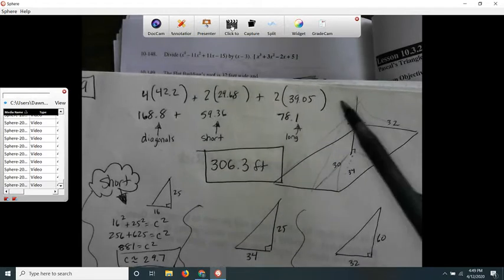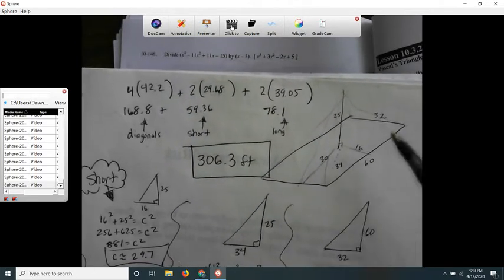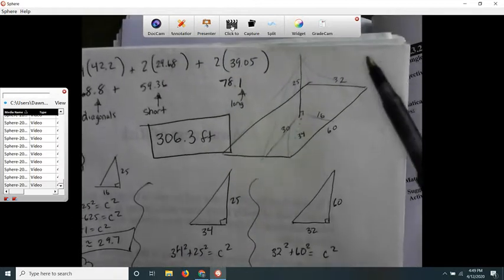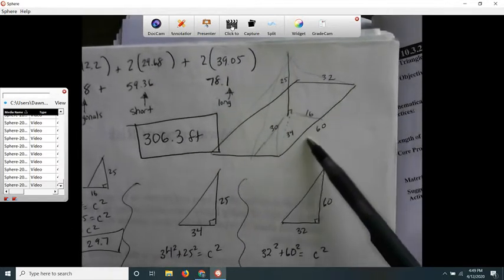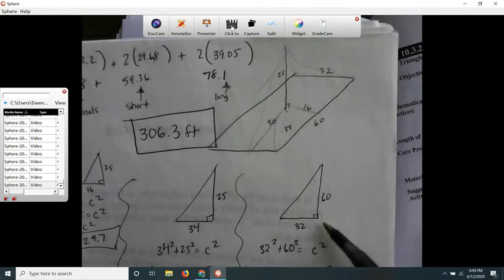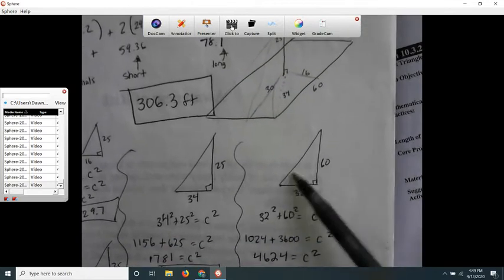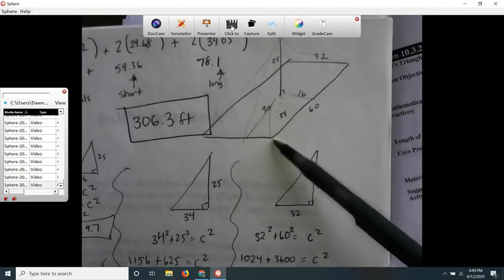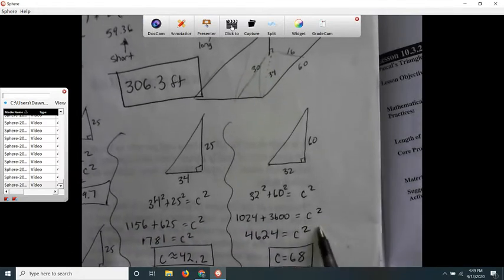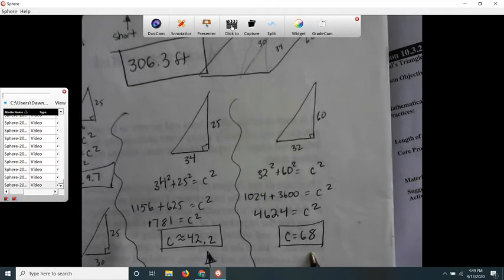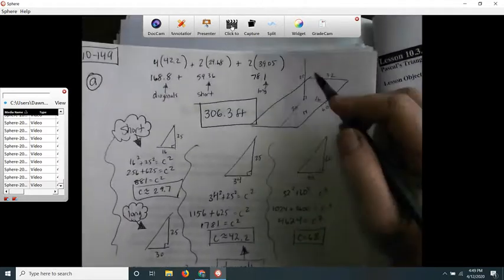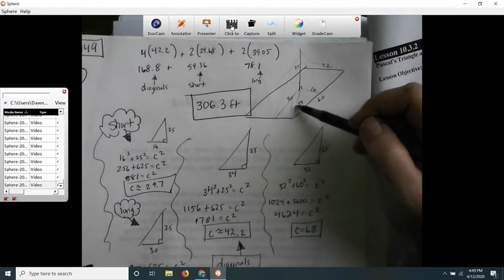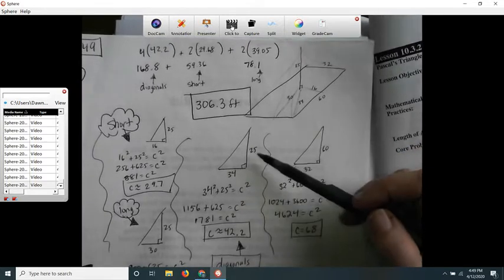I did the Pythagorean theorem to find the total diagonal all the way across was 68. But I don't really want the 68, I want half of the 68, so I used 34 and made another triangle.